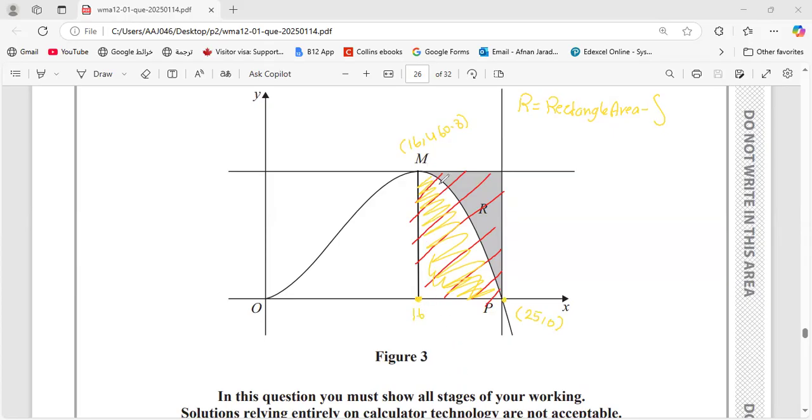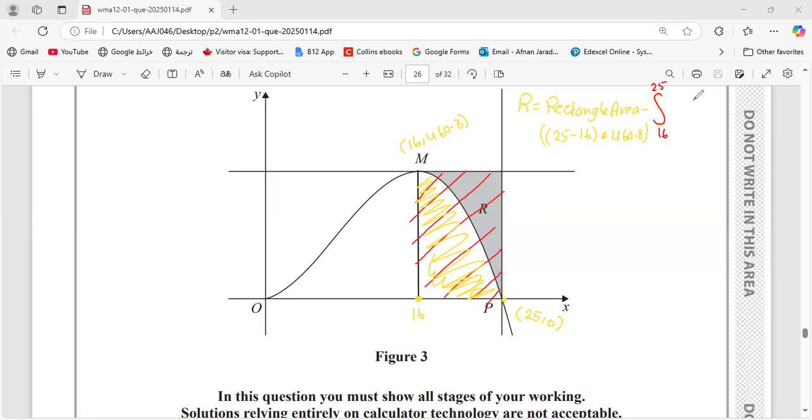Length times width, this one is the rectangle area. So 25 minus 16, you need to multiply it by 460.8 to find the rectangle area. Then subtract the area under the curve by making an integration from 16 to 25 for your function.